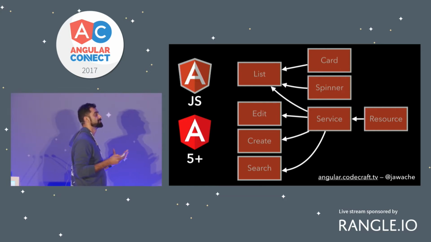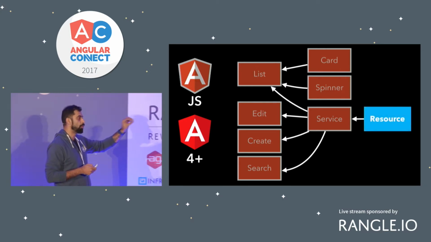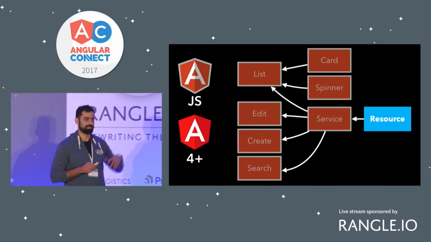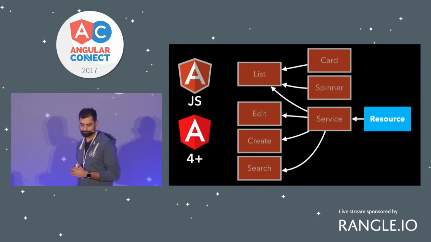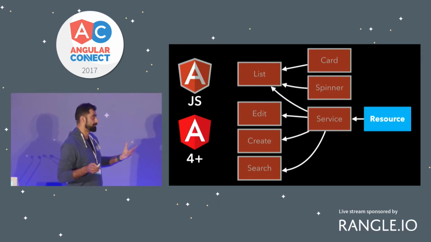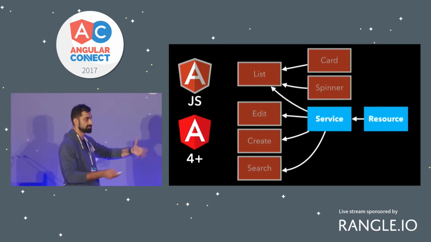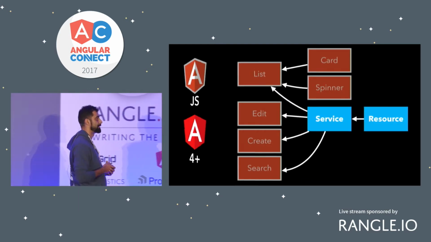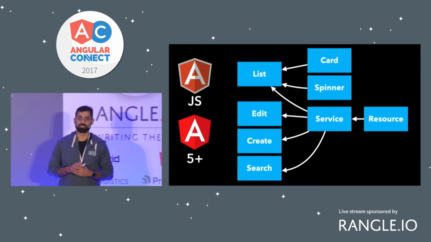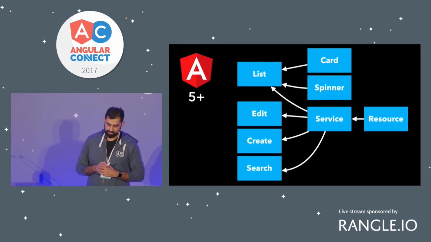And by dual booting, this gives us the ability to basically upgrade one entity at a time, be that a service, a resource, a controller, whatever. And the way I recommend migrating using ngUpgrade is basically going through the leaves up your application, upgrading one entity at a time until eventually everything is Angular 5, then you drop AngularJS, and you have an Angular 5 application.